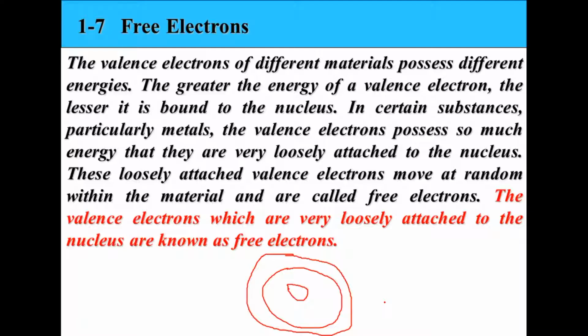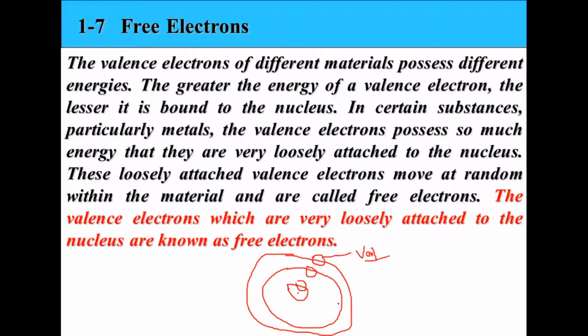The electron here, which is the valence electron, has higher energy compared to electrons in the second and first orbits.